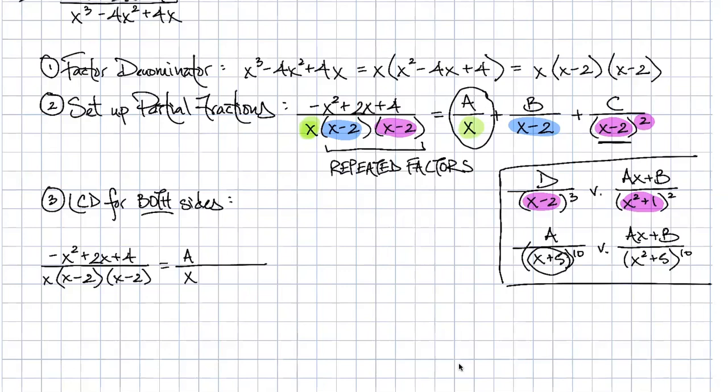Right, so that was our original fraction. And I noticed that it has a green one on the bottom, this x. But what it's missing is the blue factor, and it's also missing the purple factor.